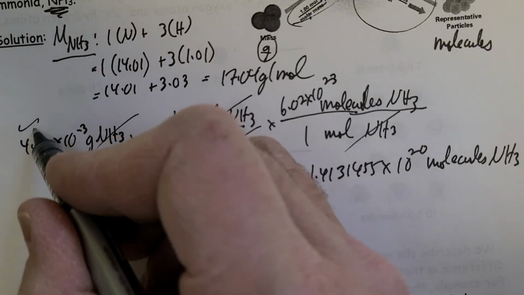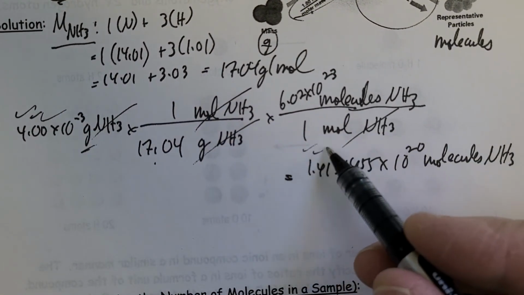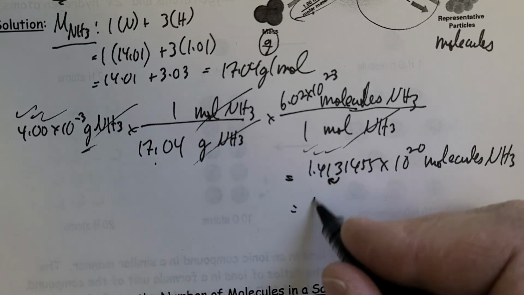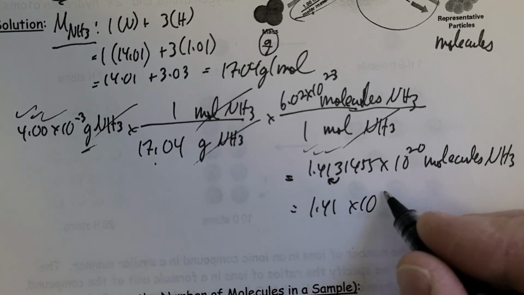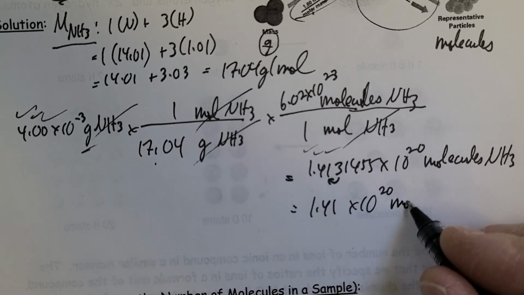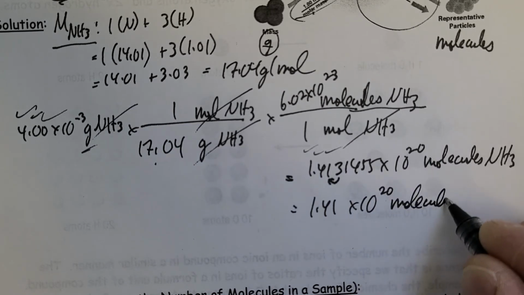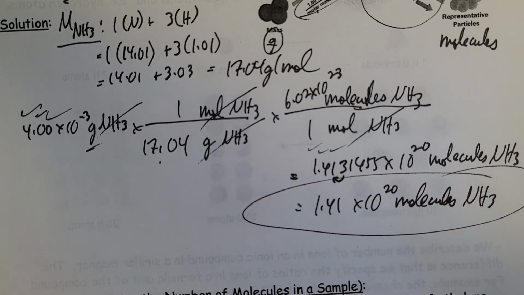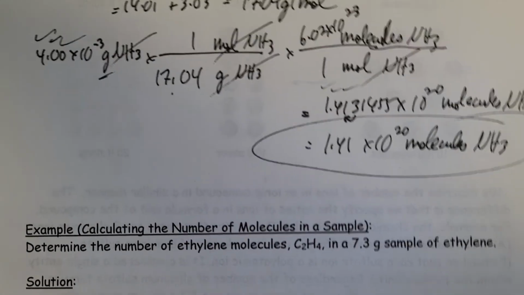Okay, and of course sig figs. 1, 2, 3. This is a 3, so that's going to stay as a 1. So 1.41 times 10 to the 20 molecules of ammonia. Good, so that's what we end up with.